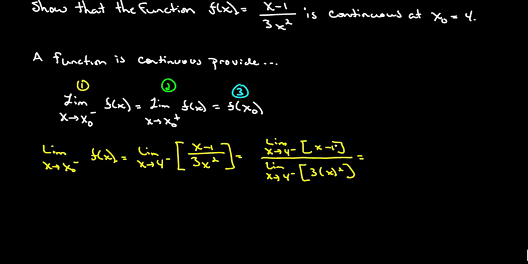Now, this function we know is continuous. It's linear. So we can plug in 4. And this function down here is also continuous. We already know that this guy is continuous, so the limit of it is equal to this.